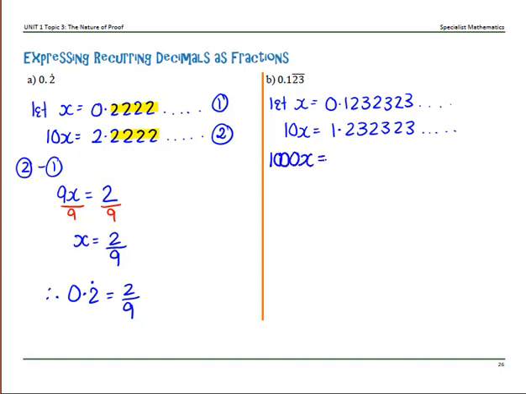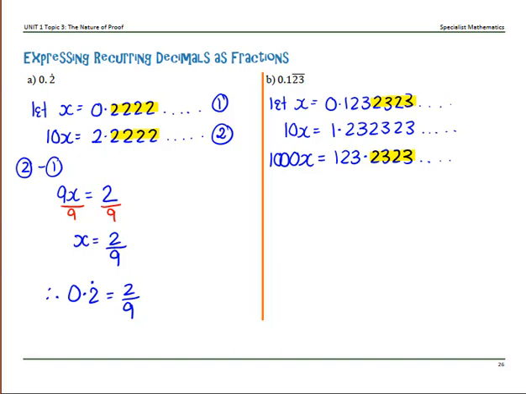If I go 1000x, I get 123.2323, etc. So you can see now that those digits are now repeating. So I times by 1000 to get to those repeating digits.